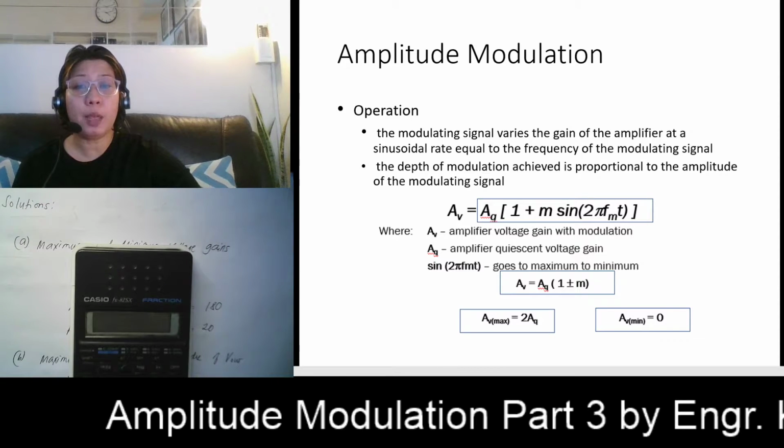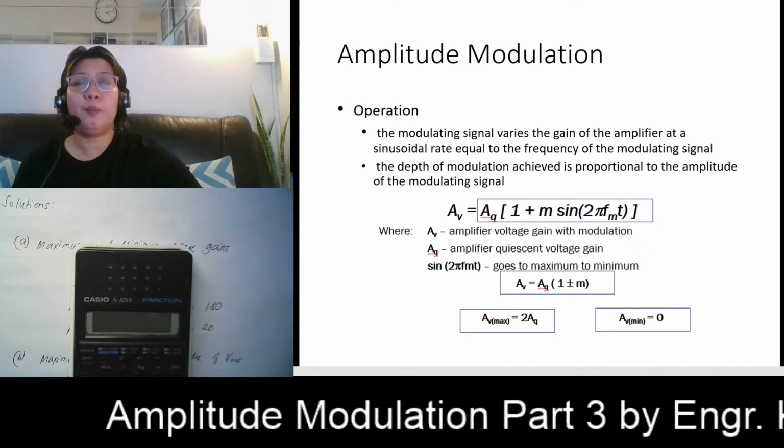If your sine 2 pi fmt is maximum, it will be equivalent to 1, so your equation will be AQ times 1 plus or minus 1.